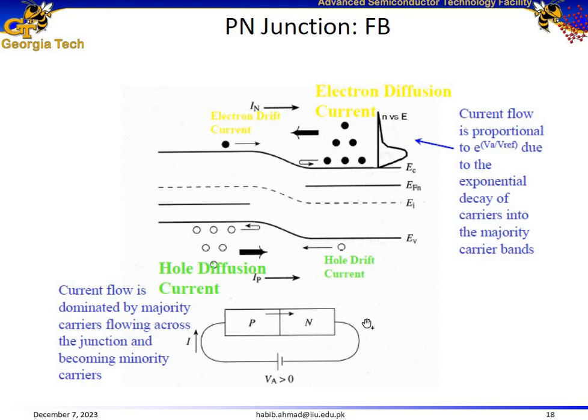Under forward bias, which means that we apply positive potential to the p-type layer and negative potential to the n-type layer, and according to this simple formula, energy is equal to minus charge times voltage, the side to which we apply positive voltage would have its energy levels dragged down. So here we apply positive potential to the p-type layer.